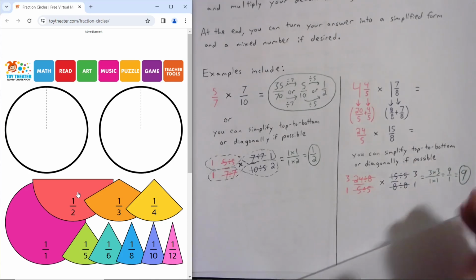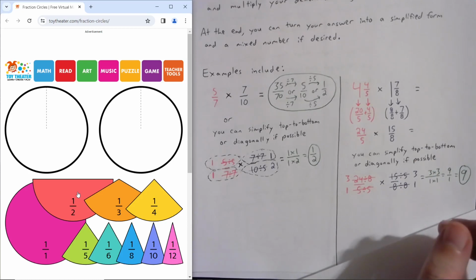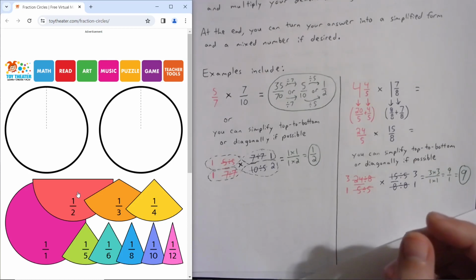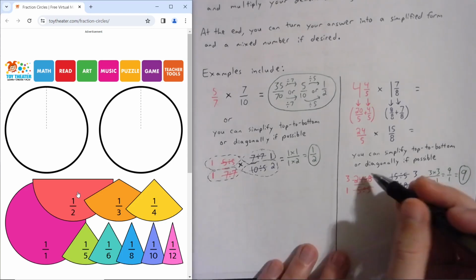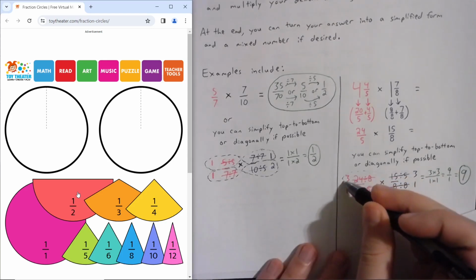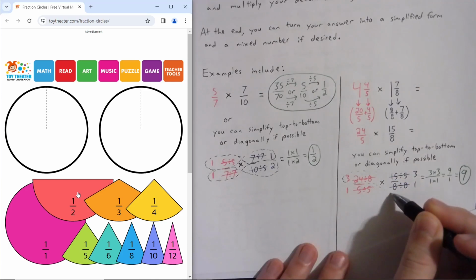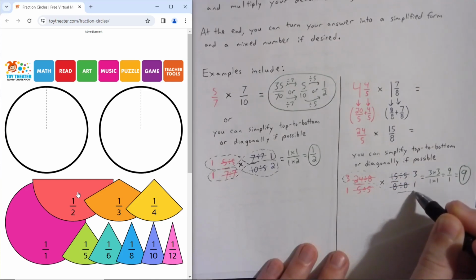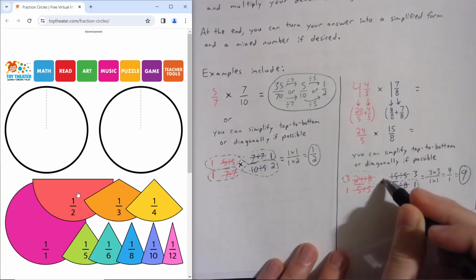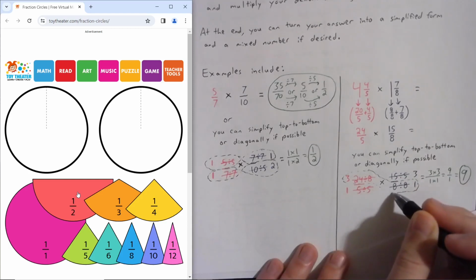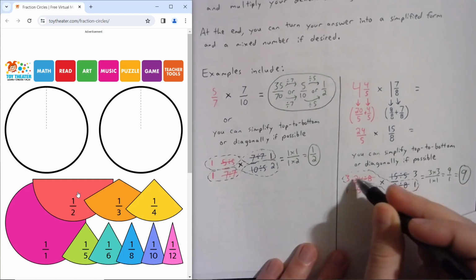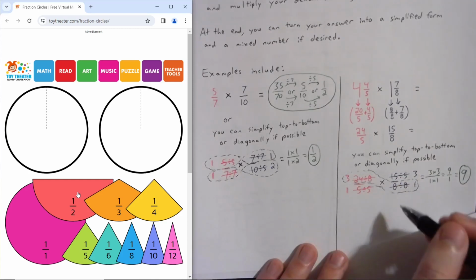But to make this easier on yourself, you can cross simplify just like we did previously. So the 24 and the 8, you can divide both of those by 8. 24 divided by 8 is 3. 8 divided by 8 is 1.